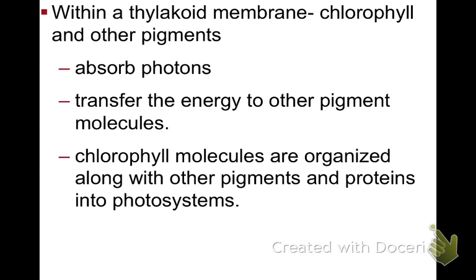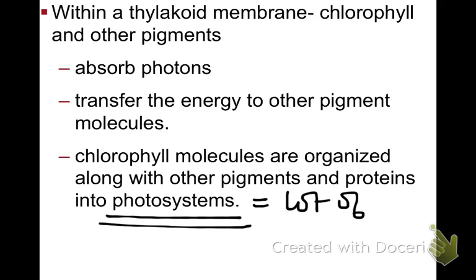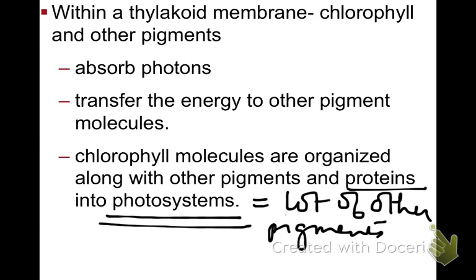So, within the thylakoid membrane, you have a photosystem. Now, it has a lot of other pigments and proteins. They are all organized to deal with this electron that has got energized.